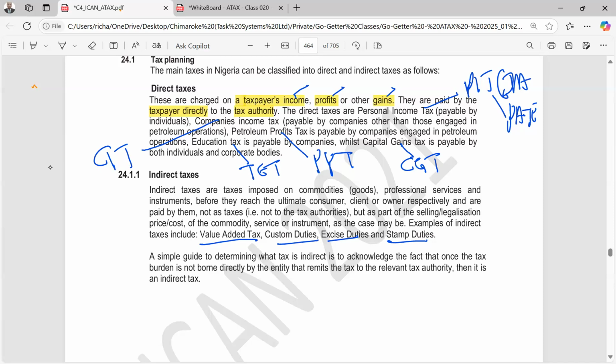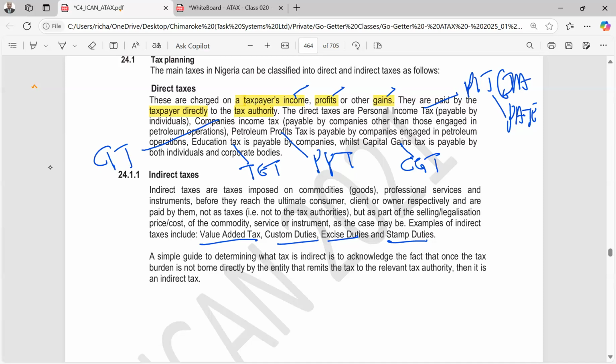A simple guide to determining what tax is direct and what tax is indirect is that you need to understand that with direct tax, the tax burden is borne directly by the person who is paying the tax. Whereas the indirect tax is not paid directly by the taxpayer, but is remitted by the vendor.